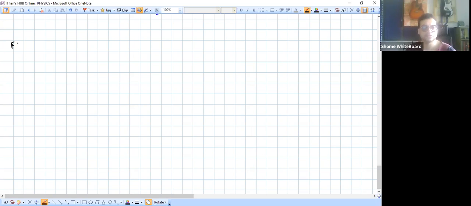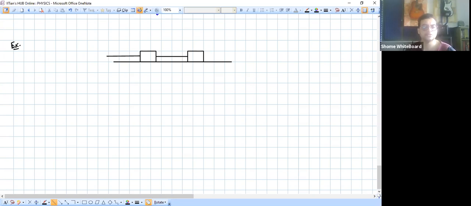we have something like this. We have again a combination of two blocks lying on a frictionless surface. But this time they are connected by a thread on this side, like this.